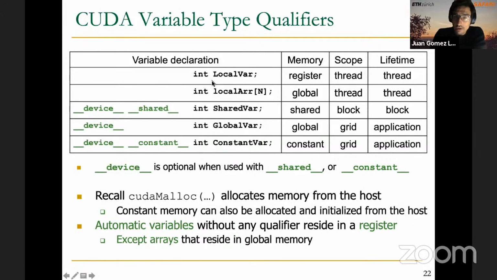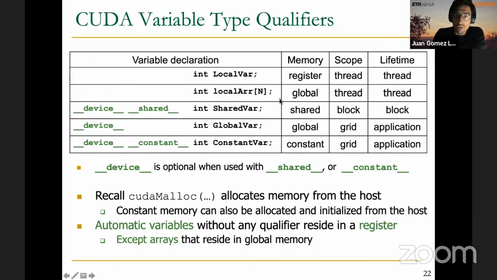Whenever we declare one variable this way, this variable will be placed by the compiler in a register. And the scope of this variable is a single thread. So if I'm using automatic variables in my GPU code for each particular thread, the compiler is going to allocate registers for the threads to store the local variables. And the data that we store in this register will live for the lifetime of the thread.